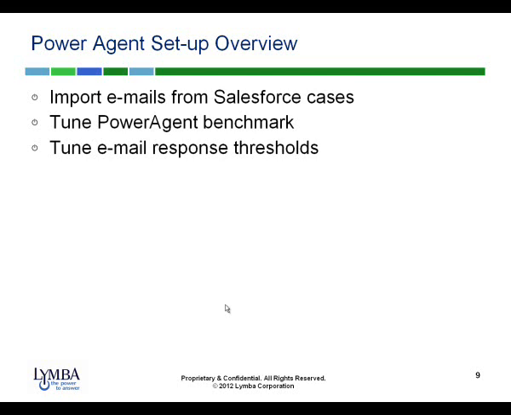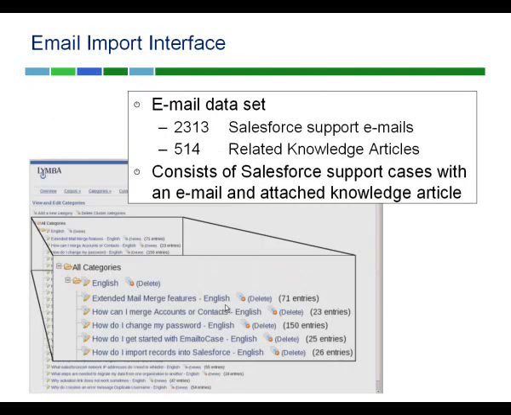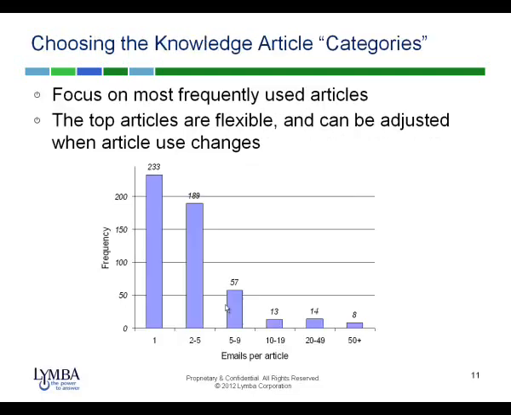So we'll start with the email import. The Salesforce data consisted of 2,300 emails spread out over more than 500 knowledge articles. So that's a pretty sparse data set, and to give you an idea of what that means, this graph shows the popularity of an article versus how many of that type of article there are.